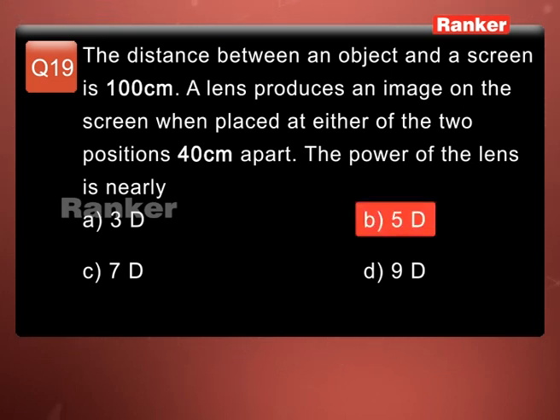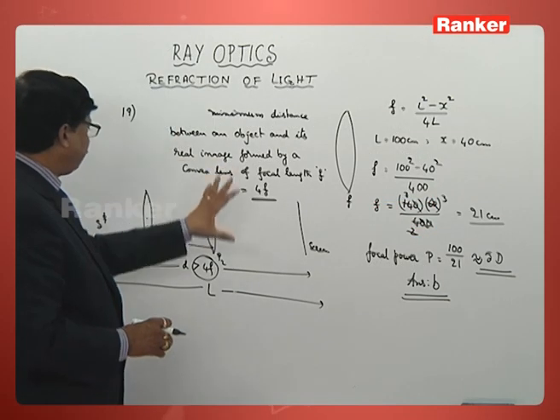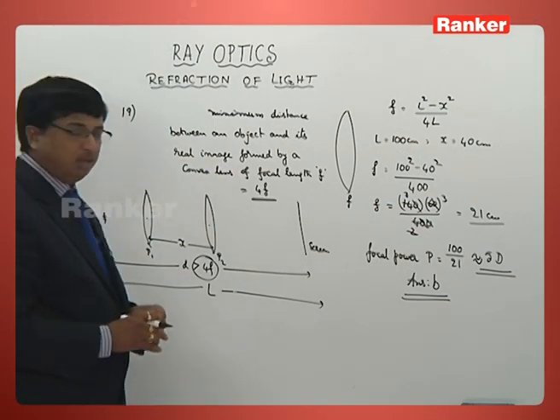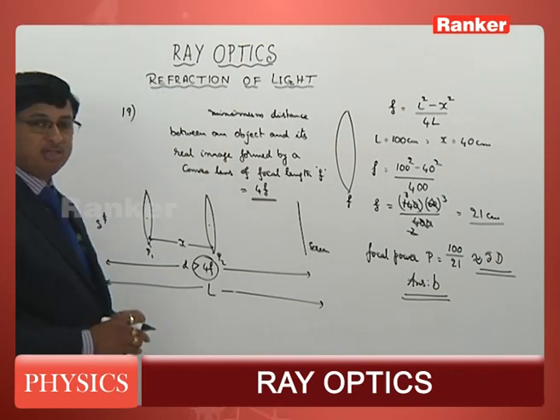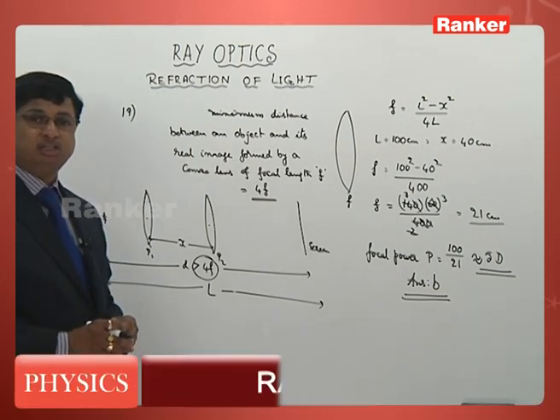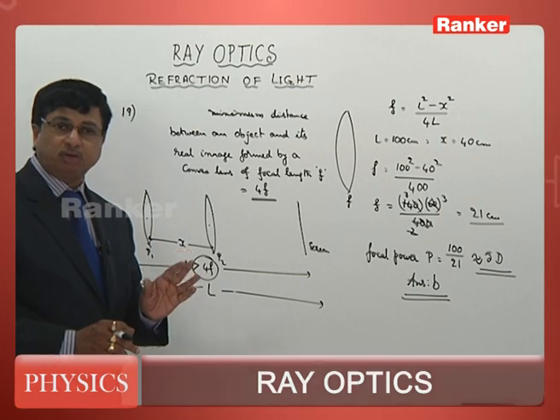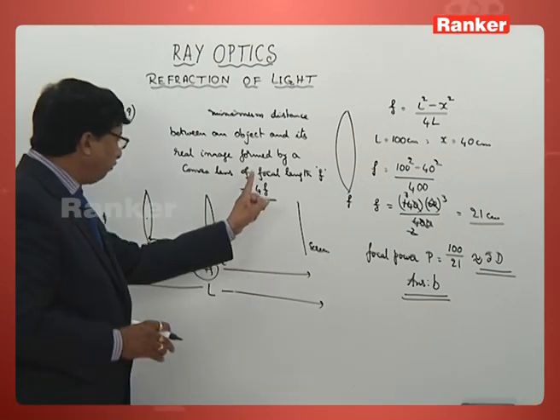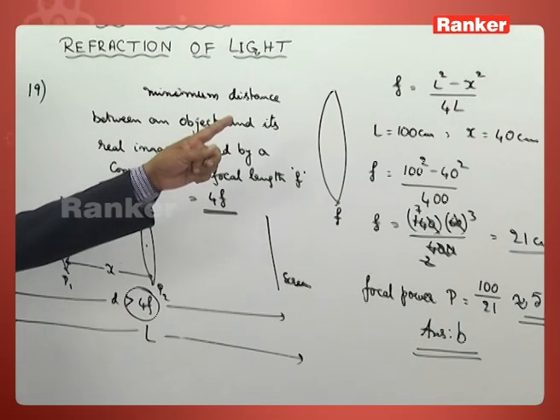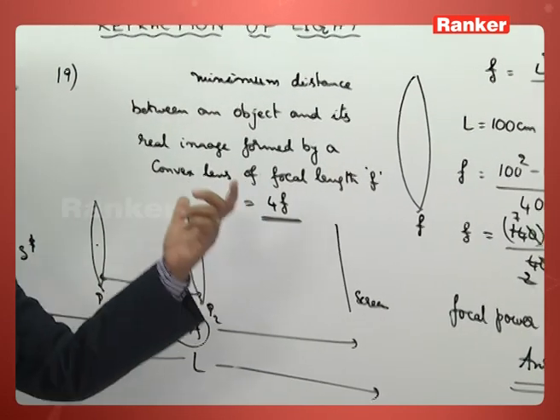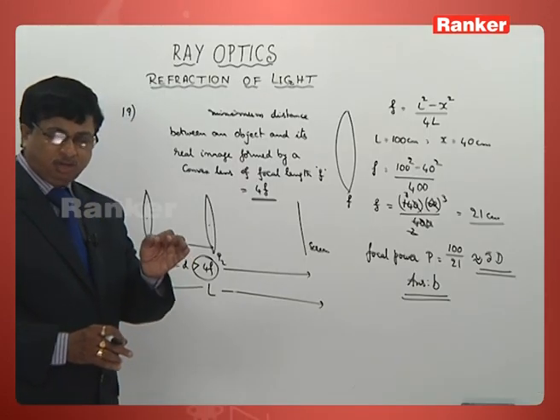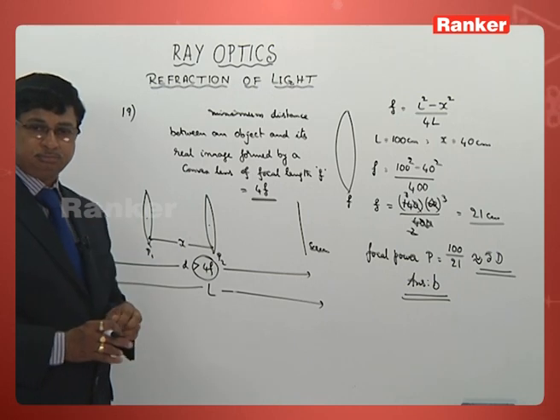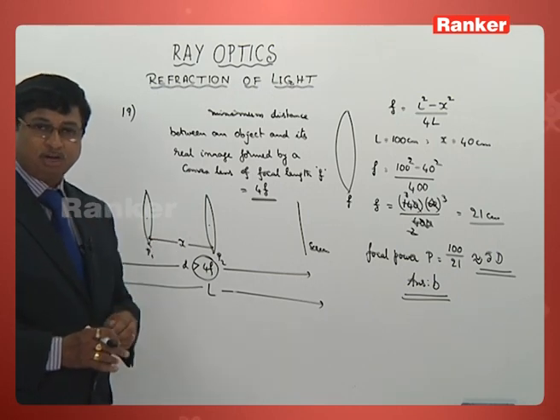That is the concept. What we should understand in this method is, what is the minimum distance between an object and its real image formed by a convex lens of focal length f? It will be 4f. So the distance mentioned here as 100 centimeter must at least be equal to 4f. That is the concept you should understand.